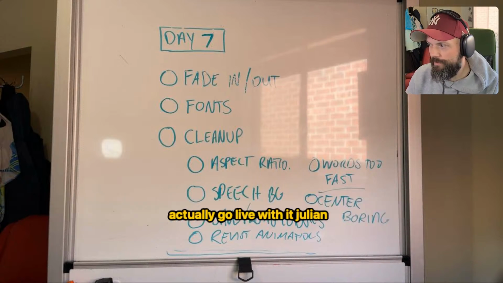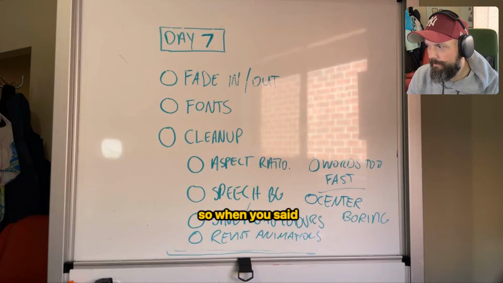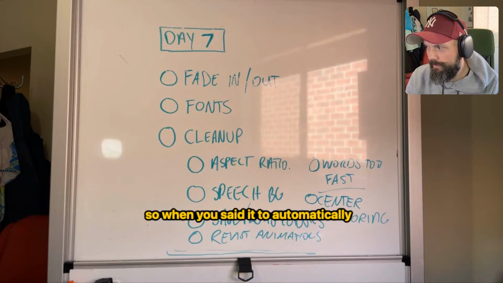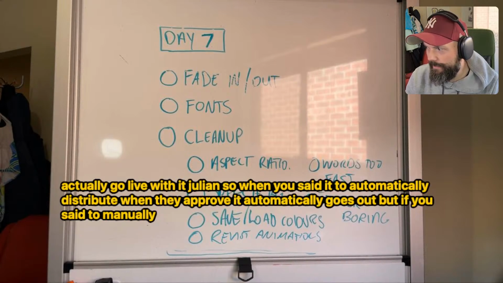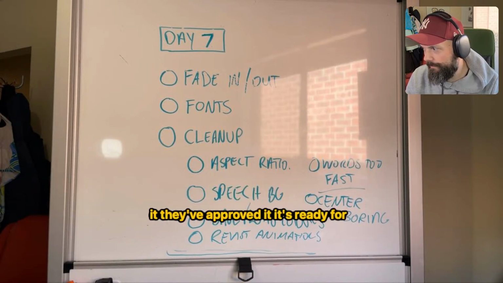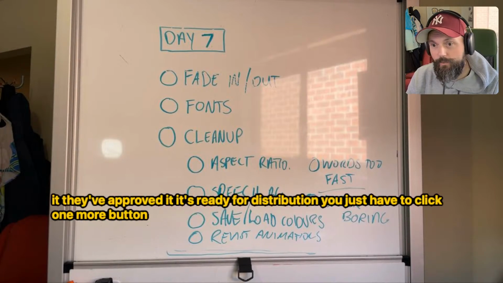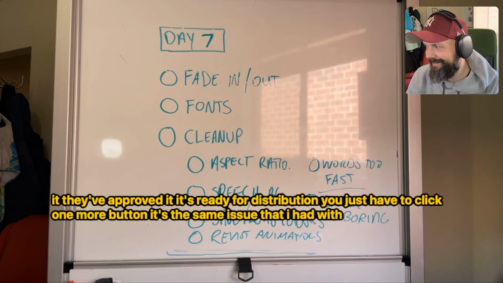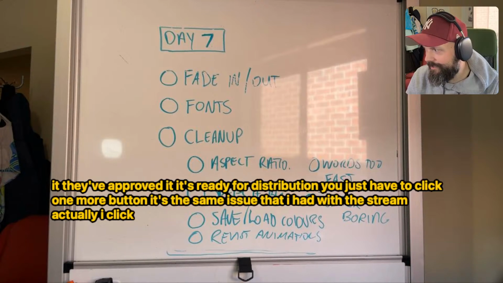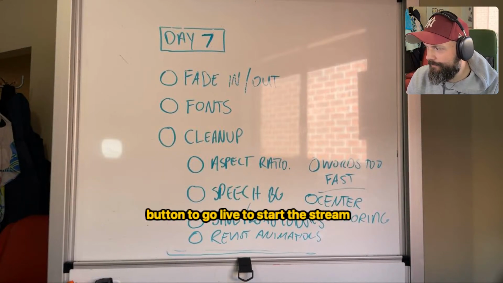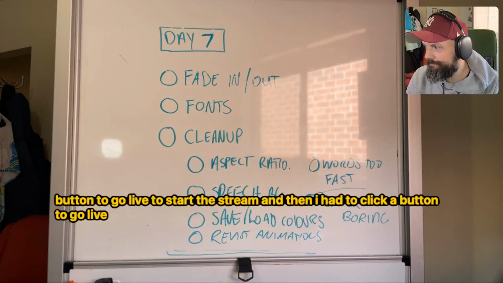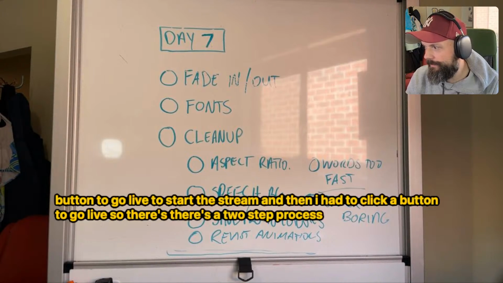So when you set it to automatically distribute, when they approve it, it automatically goes out. But if you set it to manual distribution, they've approved it, it's ready for distribution, you just have to click one more button. It's the same issue that I had with the stream, actually. I clicked the button to go live, to start the stream, and then I had to click a button to go live. So there's a two-step process. Planning to release in December, Maxim.